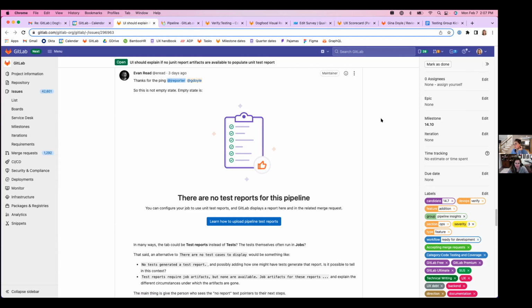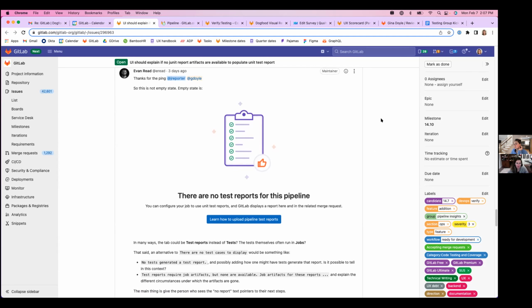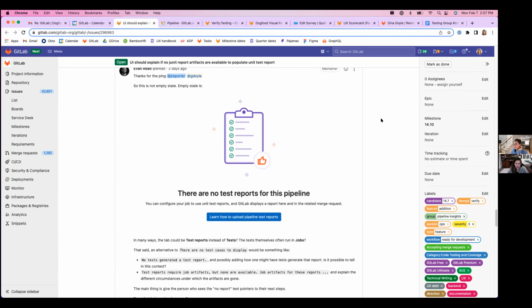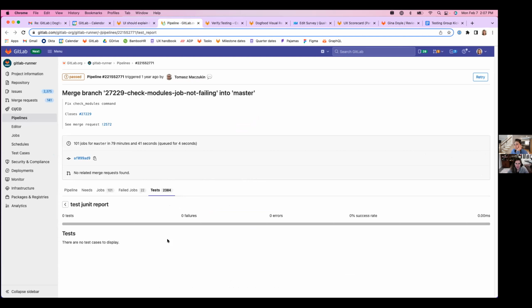And then I think his suggestion after that was, in the current thing that we're looking at in that jobs example, do we need to reframe what people are looking at here? Do we need to have them see that there's actually no test report instead of test cases?